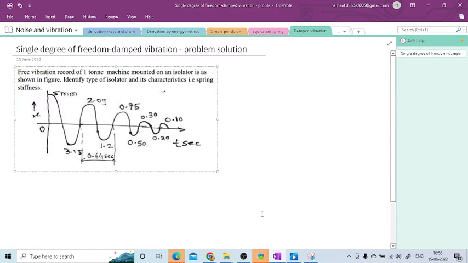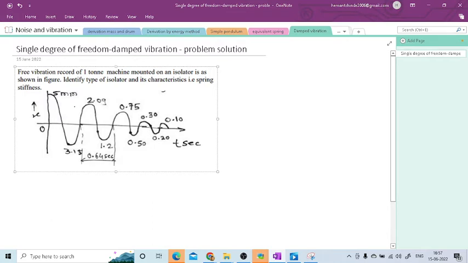In this session we are going to solve one numerical on a single degree of freedom damped system. The system is damped, so here you can see in the numerical they have given the graph of displacement against time.